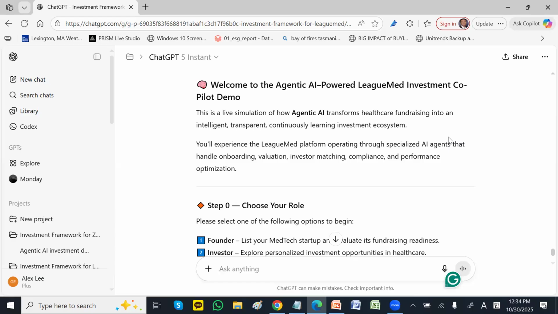This LeagueMed investment co-founder is to show the framework I made in my ChatGPT. So this is all done in a prompt engineering way. But actually, I also have a business partner, and one of my businesses is designing Agentic AI for different purposes, and we implement it in a commercial platform.